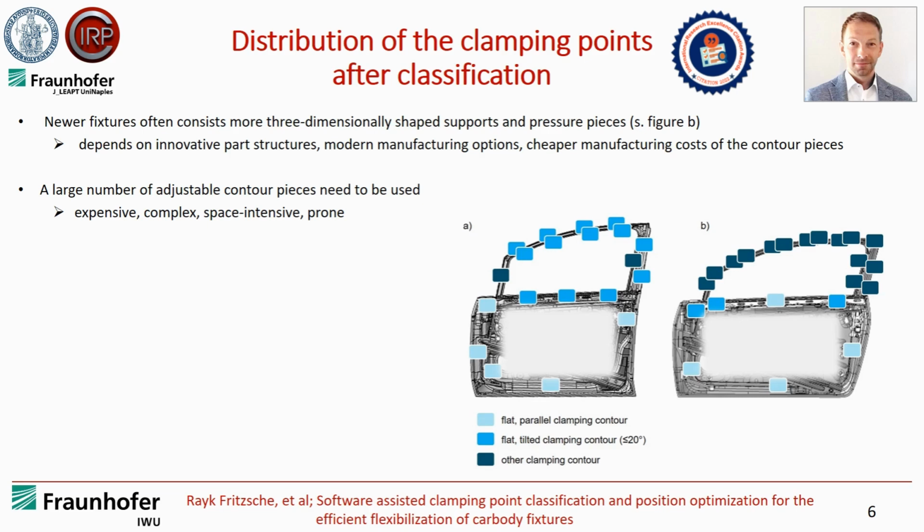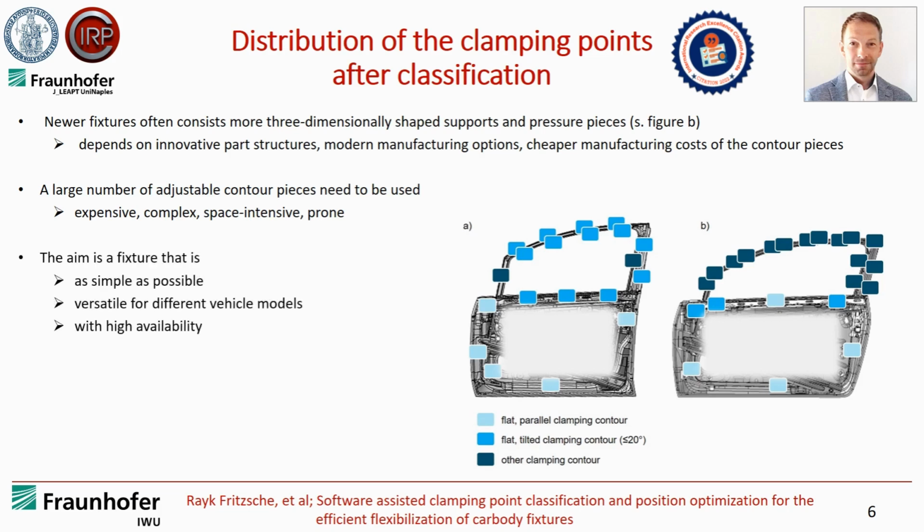So a large number of such adjustable contour pieces need to be used if we want to create a flexible fixture for these two parts. So the flexible fixture is very expensive, complex, space intensive and prone to failure.